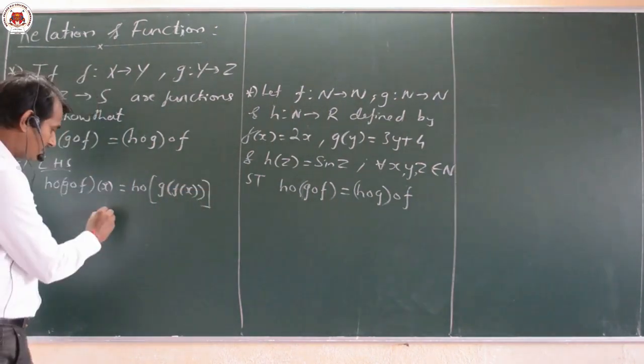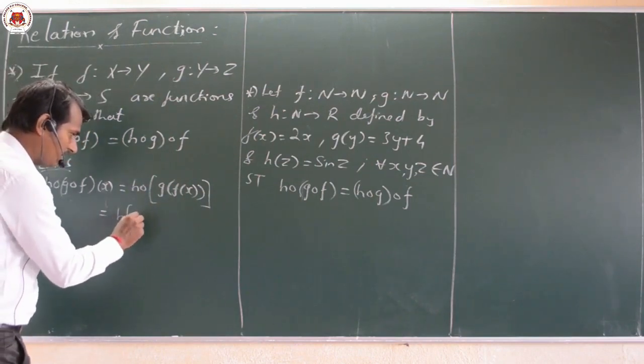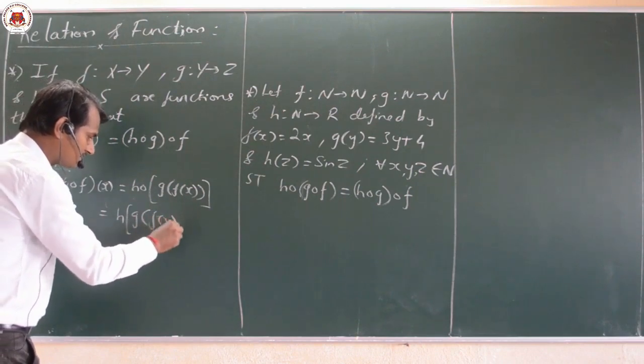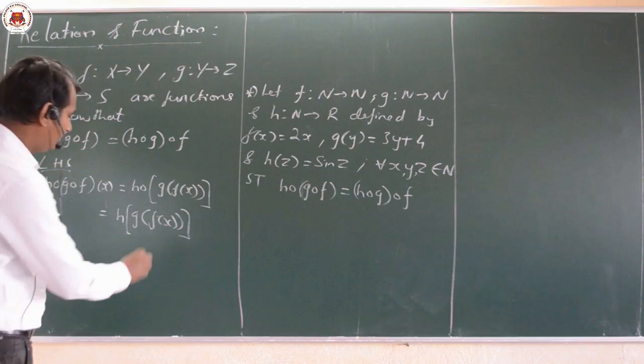So now what is this particular value? h of this value, that means h of g of f of x. That is the required thing. So here, it is nothing but our LHS part.